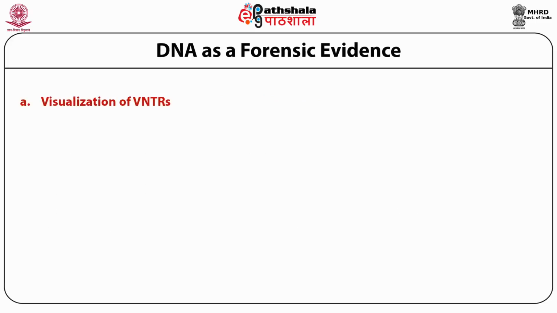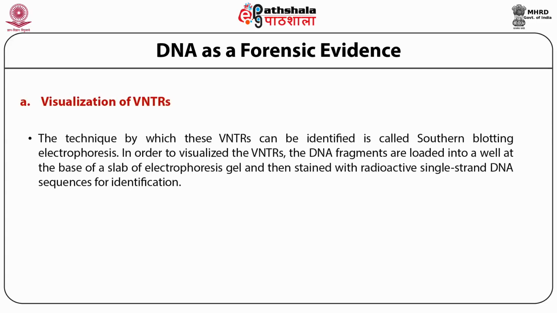Visualization of VNTRs. The technique by which these VNTRs can be identified is called Southern blotting electrophoresis. In order to visualize the VNTR, the DNA fragments are loaded into a well at the base of a slab of electrophoresis gel.